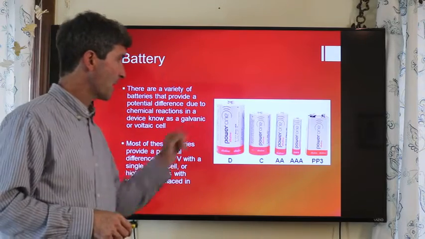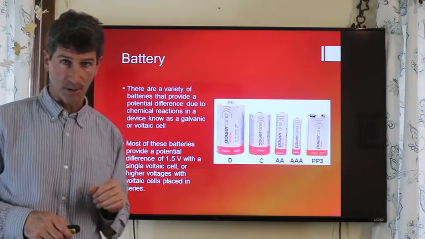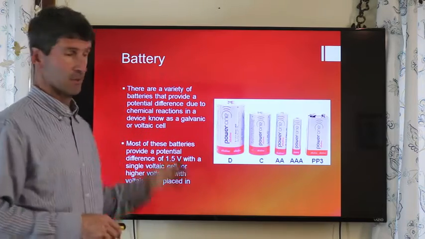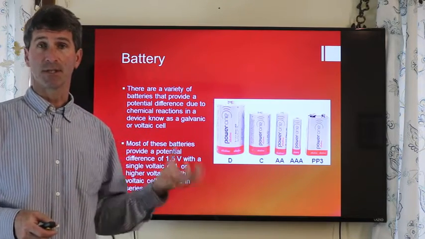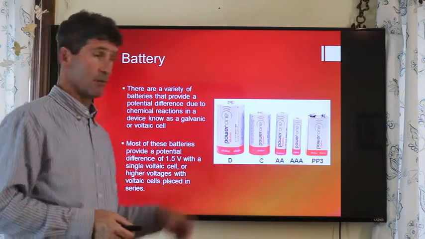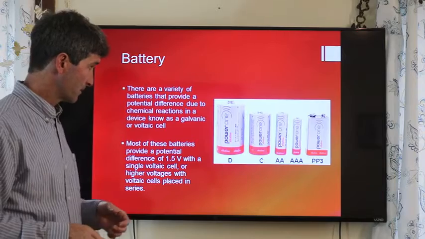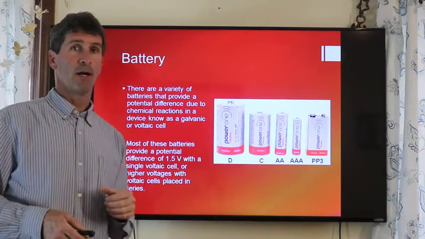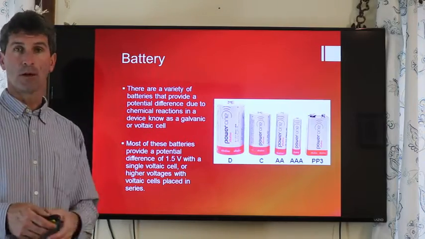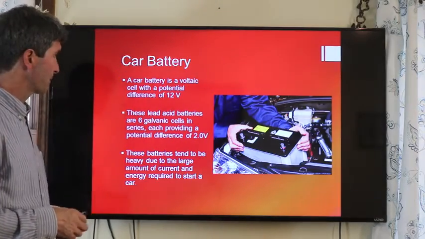Now, the bigger cells actually contain more energy, and essentially we can think of these dry cells as containing a lot of different ions, and with more ions for a given voltage you have more energy stored within these. But again, these provide an electric potential difference to power whatever device you want to use.